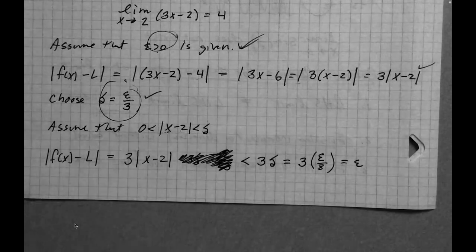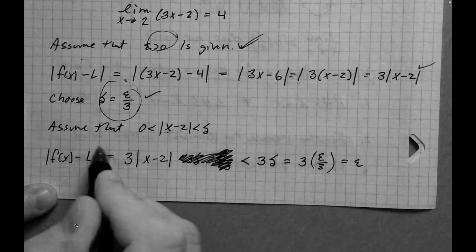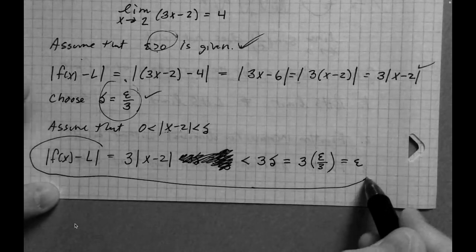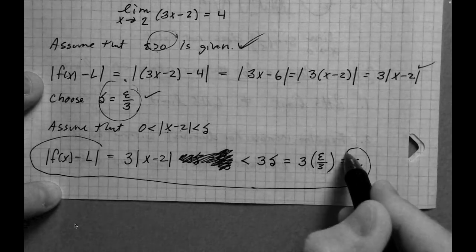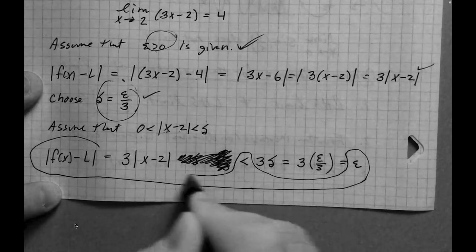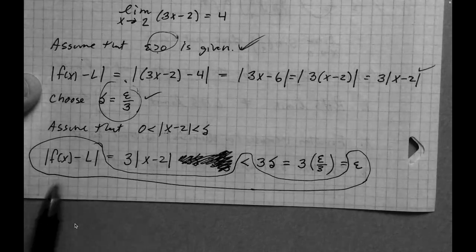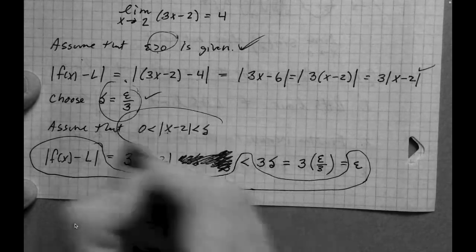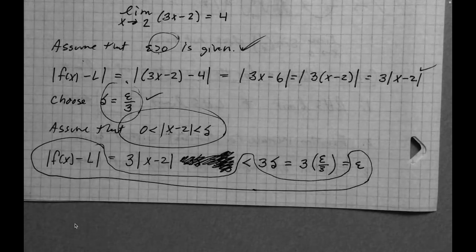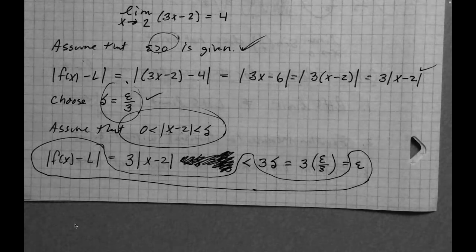Okay, so basically what I've shown is that the absolute value of f of x minus L is less than epsilon whenever the absolute value of x minus 2 is less than delta.